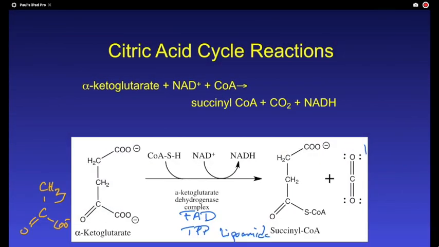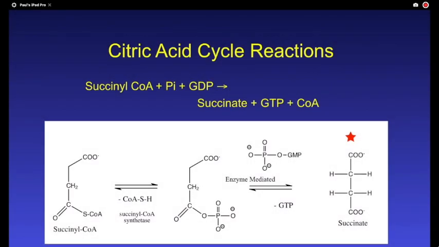I've also gotten rid of CO2. All right. Succinyl-CoA, all right, to an intermediate. And what's really interesting is that I totally forgot one substrate.